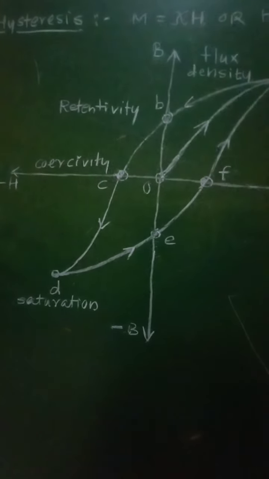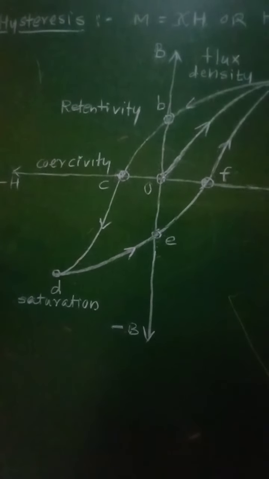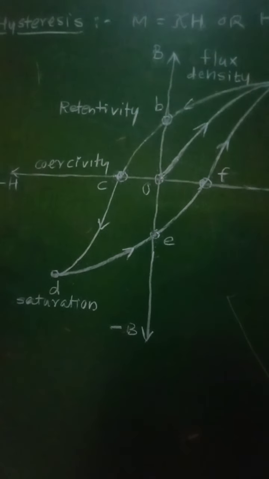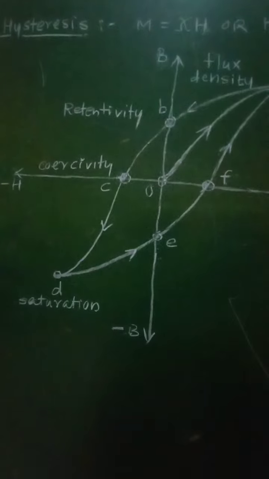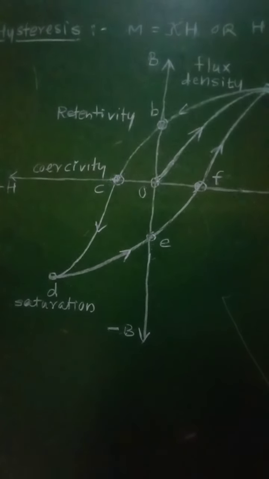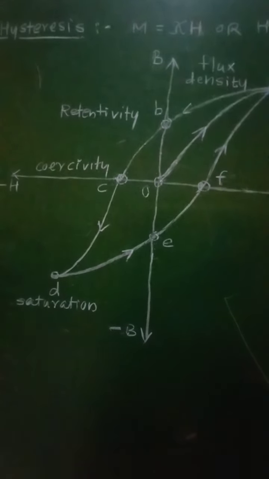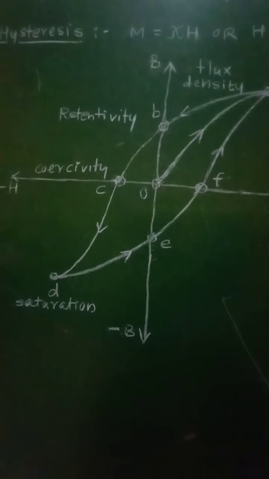Then at this point, the domain axes are randomly oriented with respect to each other, and hence B will be equal to 0 and H will not be equal to 0.